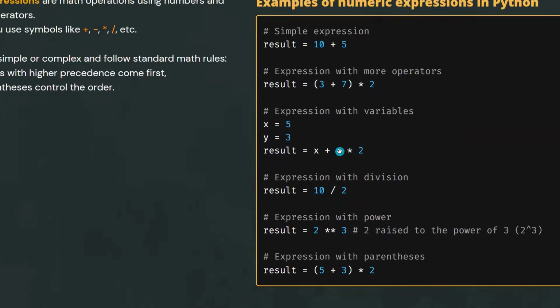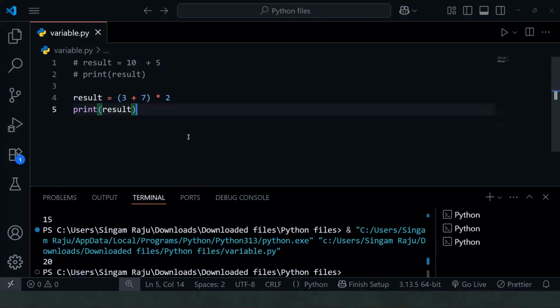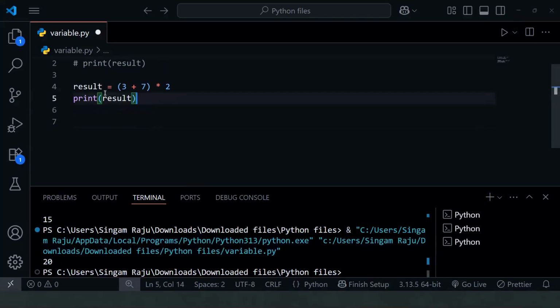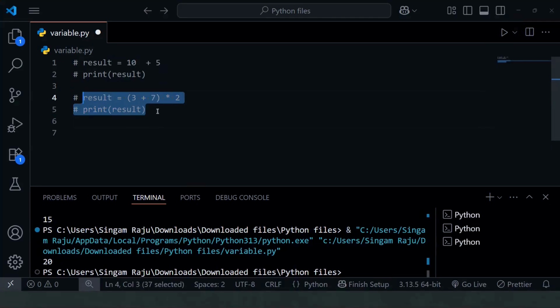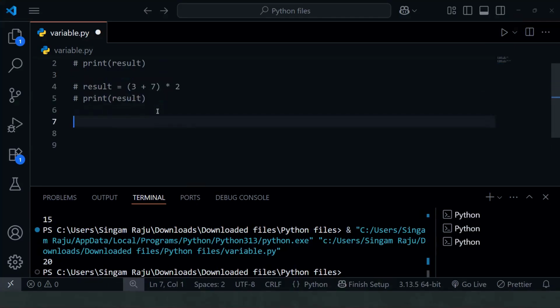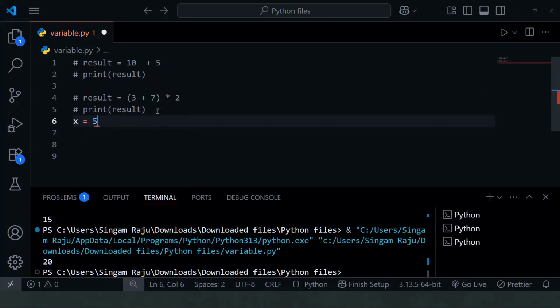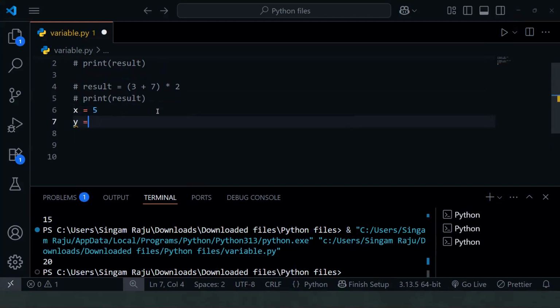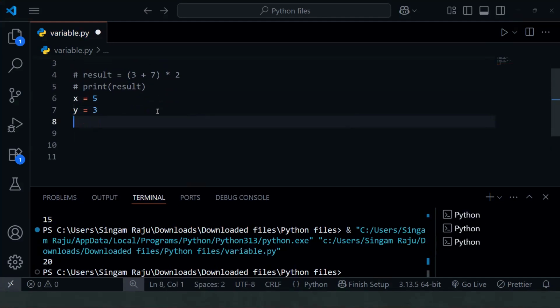And now let's talk about variables in expressions. If you see here, let's take two variables, x and y. Like for example, x equal to 5, y equal to 3, and result equal to x plus y into 2.